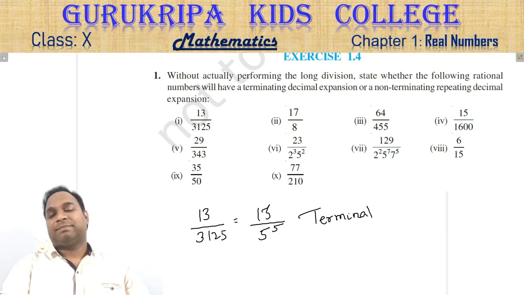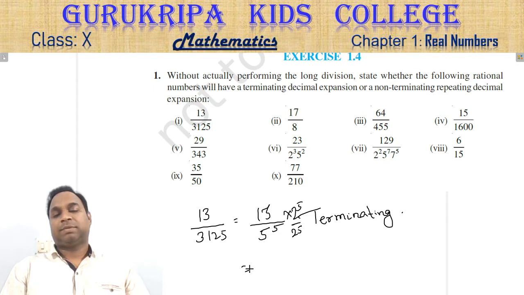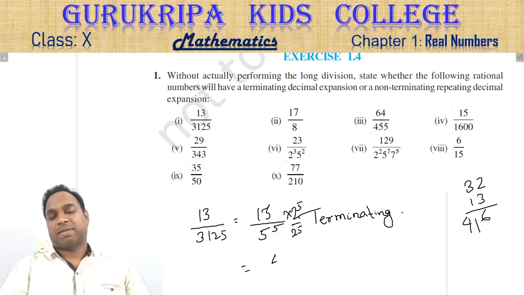How can we find the decimal number? Don't go by the division method. Division method will be very lengthy. How can you convert? Just multiply by 2 to the power 5 above and below. What will you get above? 32 into 13, 416 upon 10 to the power 5.